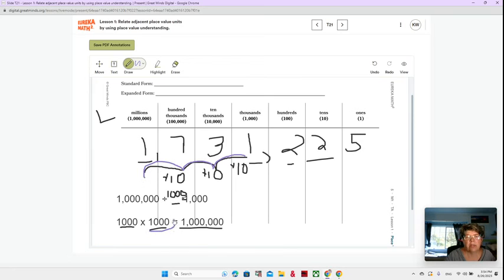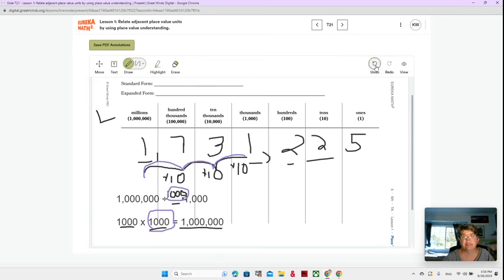So that's where we get the 1,000 from, because 10 times 10 times 10 is 1,000. And 1,000 times 1,000 is 1 million. Excellent job.